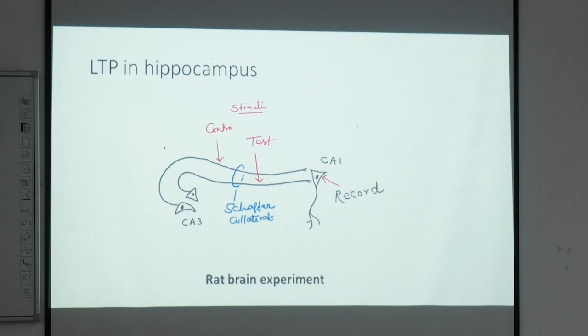So it is already depolarized. CA1 is already depolarized, then CA3 is stimulated. Now we can see that synaptic plasticity or long-term potentiation is happening in the rat brain, right? And the rat is now able to remember the track which was shown before, right? Okay, so this is the experiment.